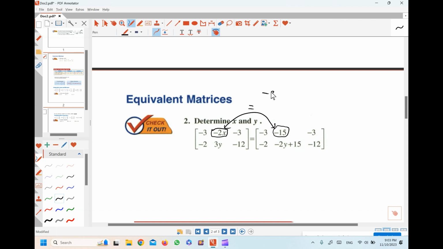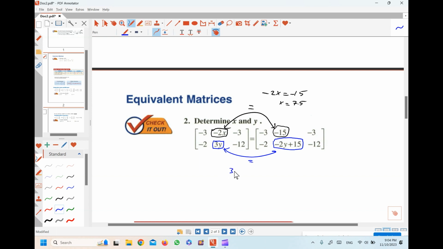So write negative 2x equals negative 15. I need x alone. Divide both sides by negative 2. X becomes 15 over 2, which is 7.5. What about y? For y, we see y here in the second row and the second column. The corresponding entry here is this one in the second matrix, and they're supposed to be equal to each other.